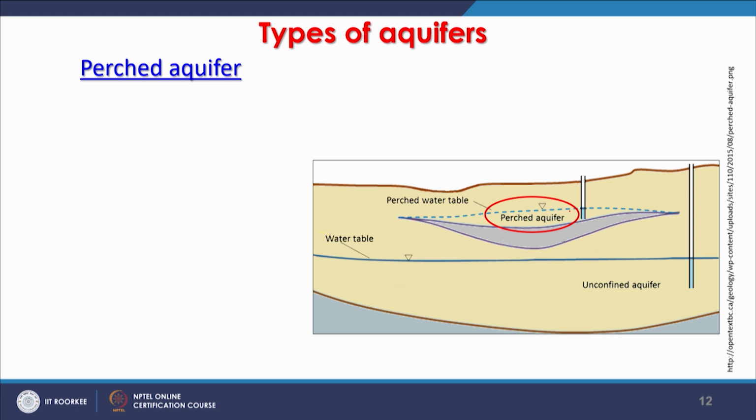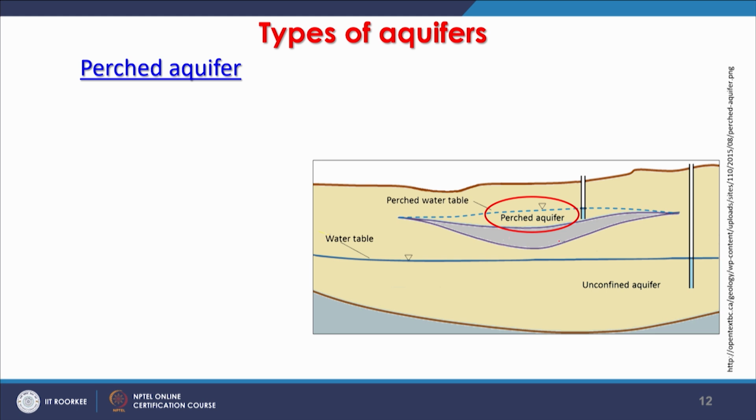You can see it again here, and there is a layer which is completely impervious, and because of the shape of the layer or depression within that layer, it may have its own water table, that is the perched water table, and this water can also be exploited.